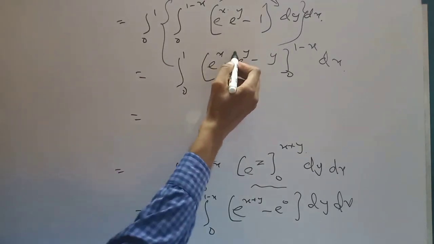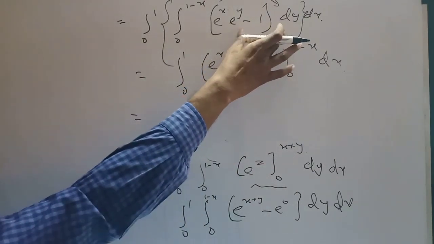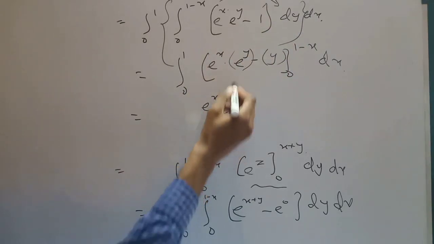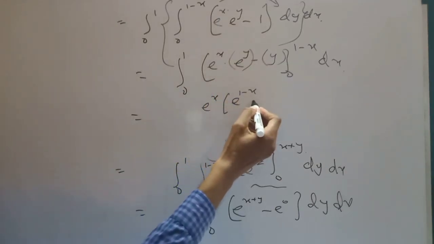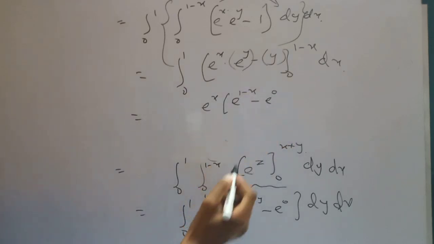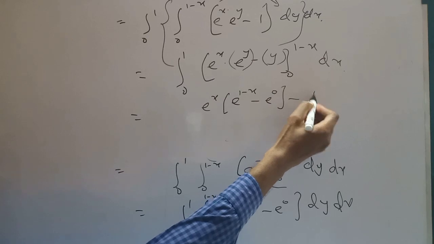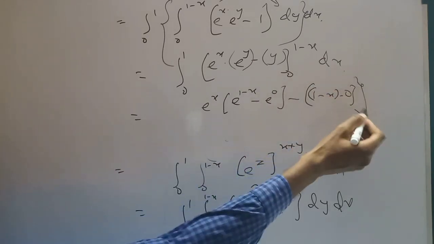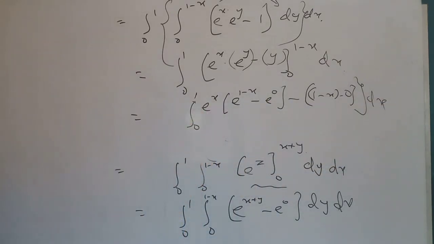Now apply the limit. We integrated with respect to y, so substitute the limit for y. So e power x into, for e power y, upper limit minus lower limit, e power 1 minus x minus e power 0, minus the upper limit minus lower limit, 1 minus x minus 0, with the outer integral with respect to x from 0 to 1. Now simplify.